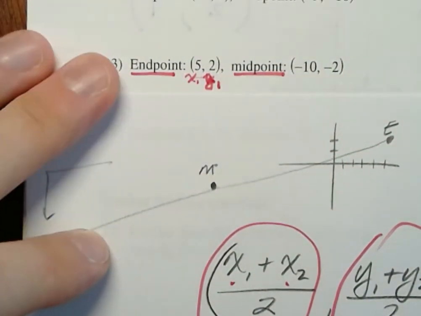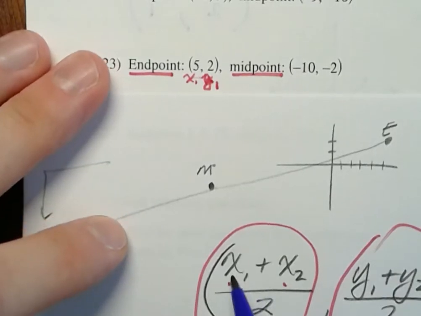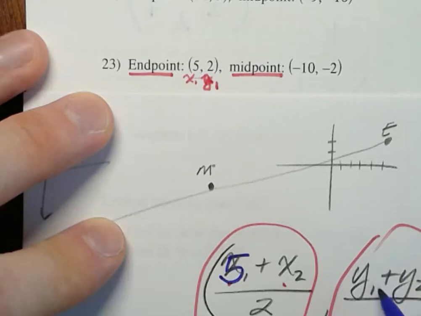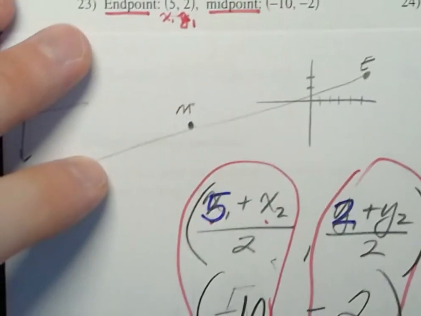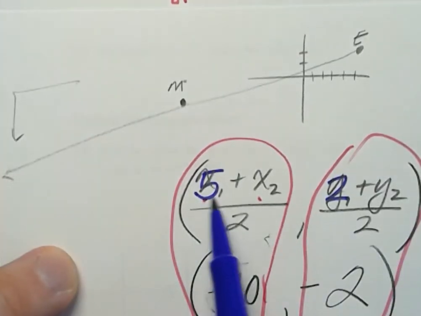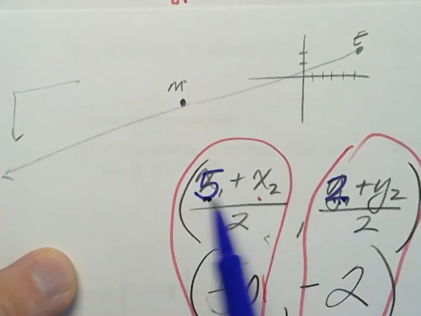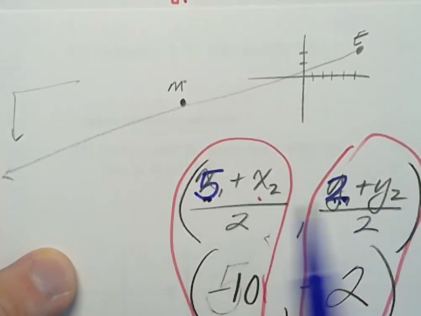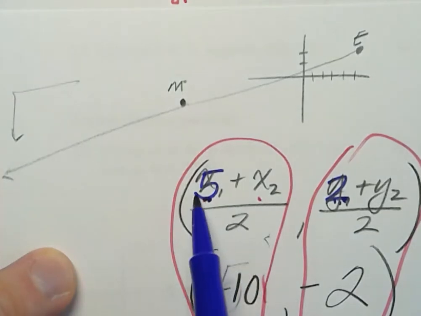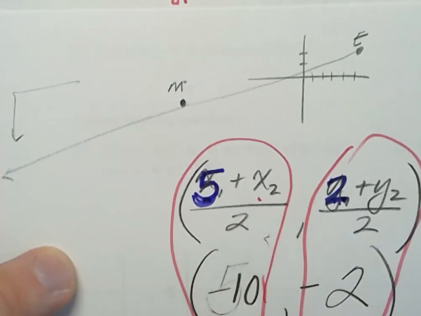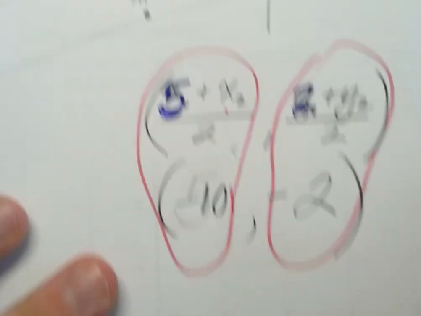So let's say it's point 1, okay? And so then this is going to become a 5, and this is going to become a 2. And make sure you notice that I've put it in the same position on both of these here. Even though it doesn't really matter because you're going to be adding, but just to keep it straight in your head, make sure you're mentally checking off that it's part of the same point. Does that make sense? Okay.